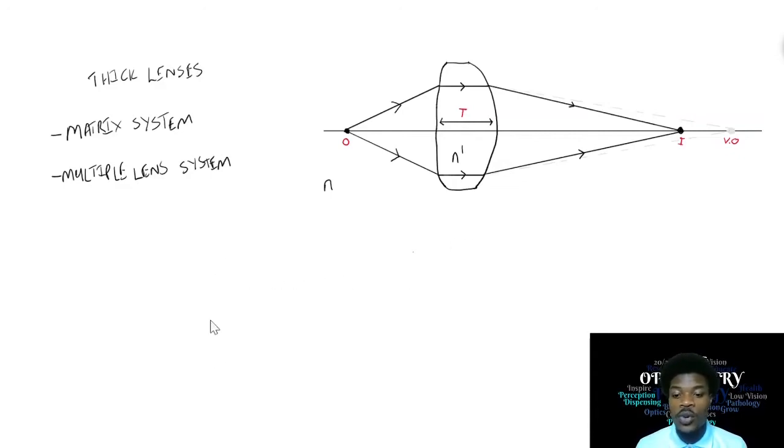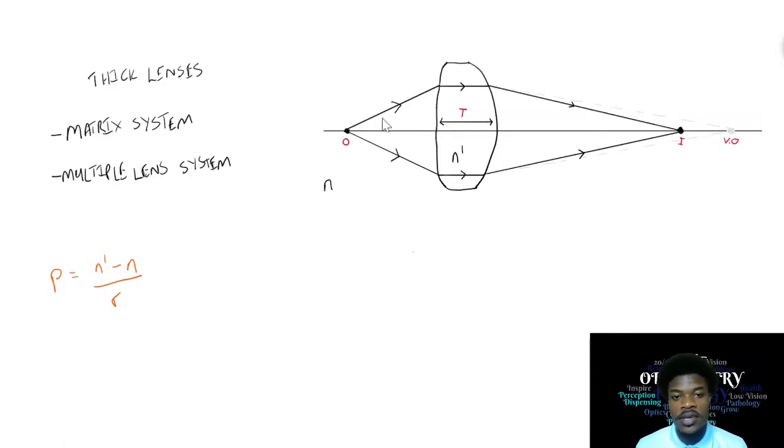Before we go into this, I want you to recall certain formulas. For example, the power of a lens: n prime minus n, over r. N prime is the refractive index of the material, and n is the refractive index of the outside medium, whether it be water or air.